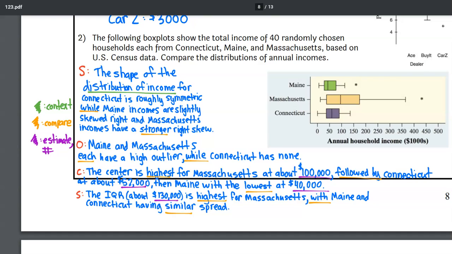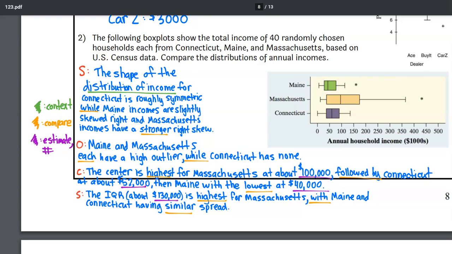While Maine, this is where you're comparing. Okay, and look at the color coding. The green means that the context was included. Orange is that there's a comparing going on involved, or the language. While Maine's incomes are slightly skewed right.